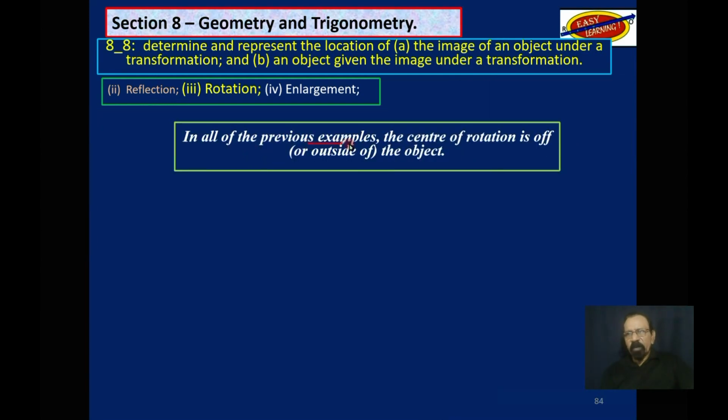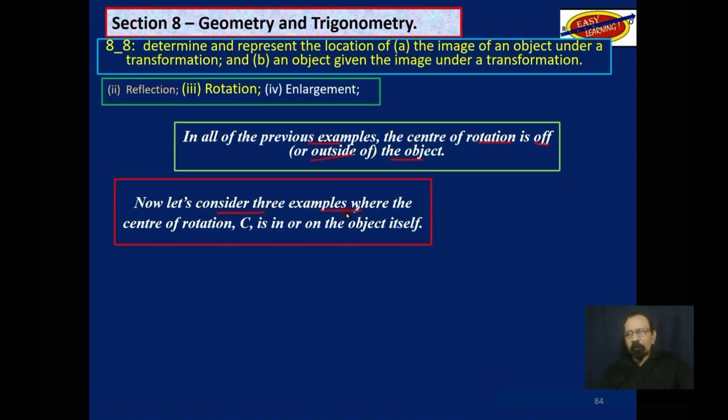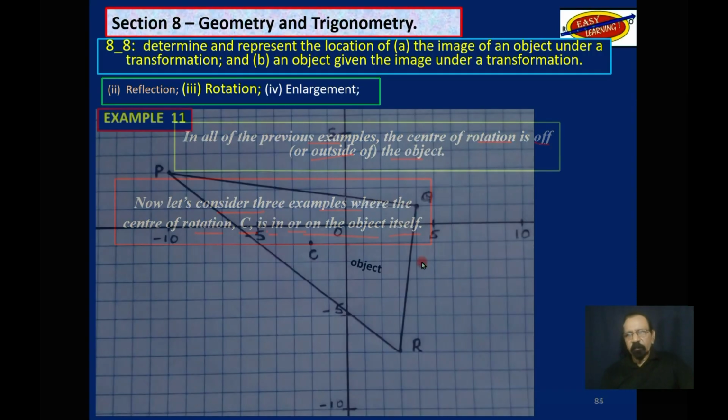Now, in all the previous examples, the center of rotation is off or outside of the object. Now, let's consider 3 examples where the center of rotation C is in or on the object itself, not at a point outside of the object.